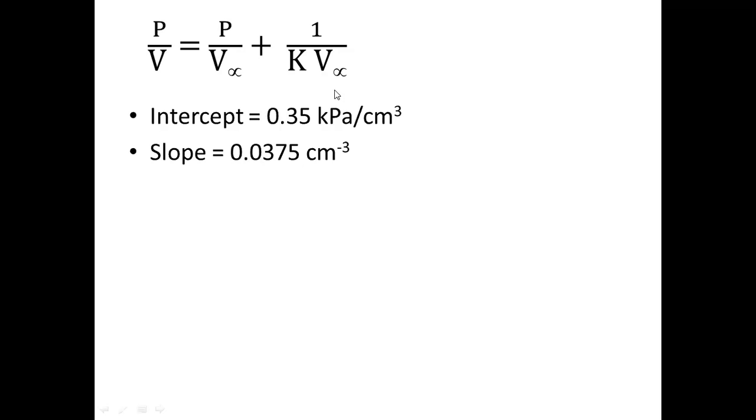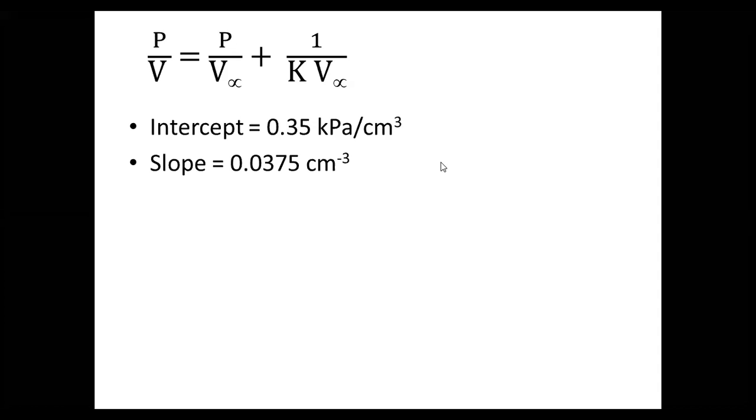After plotting the graph, you will get the value of the intercept 0.375 kilopascal per centimeter cube, and the slope is 0.0375 per centimeter. And these units are very important. So now I ask you to calculate the k and v infinity out of this data. I'm just pausing the video.